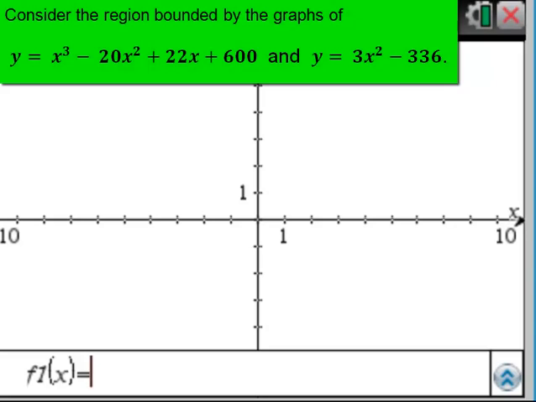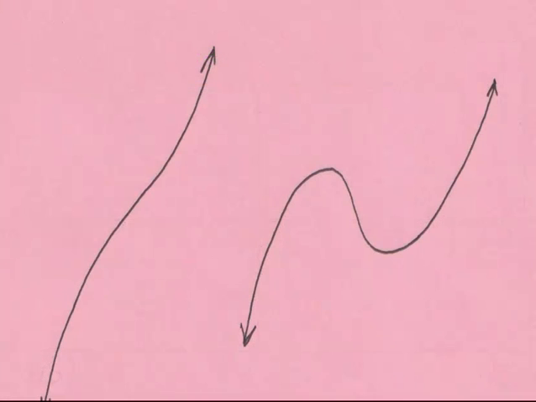So for starters, the first function I see is a cubic function with a positive x cubed term. Those basically fall into one of two shapes. One, like what's shown here, has just an inflection point, no relative extrema, or the other version has the inflection point and a pair of relative extrema.